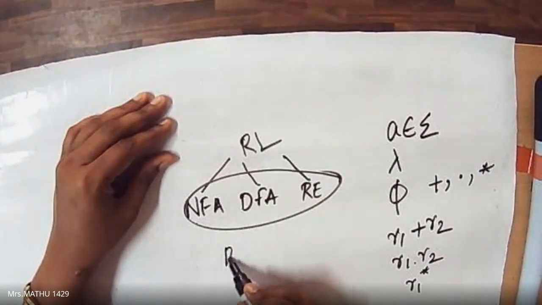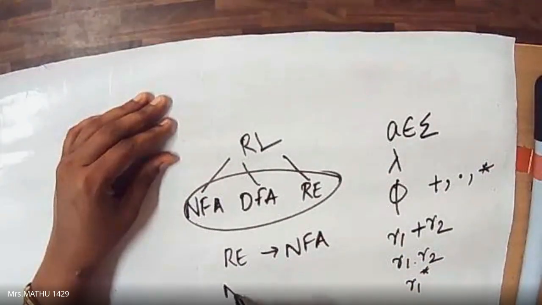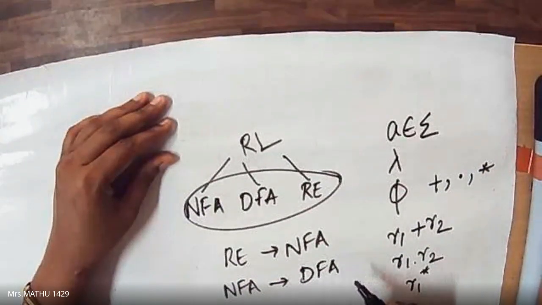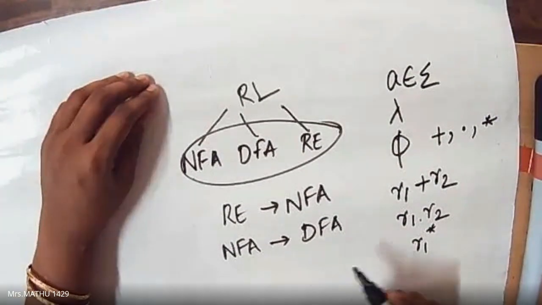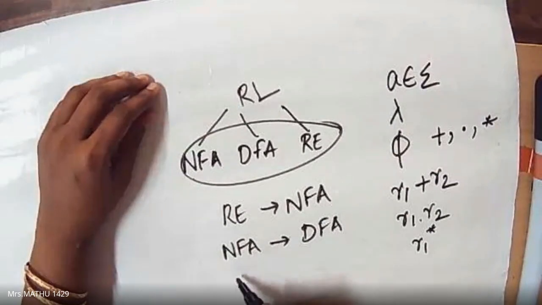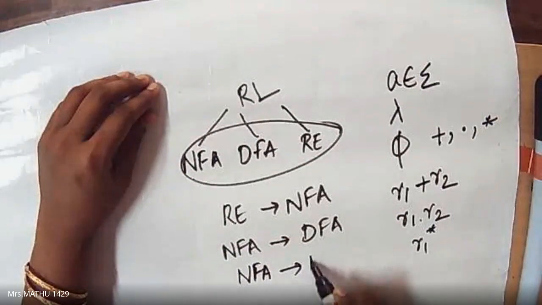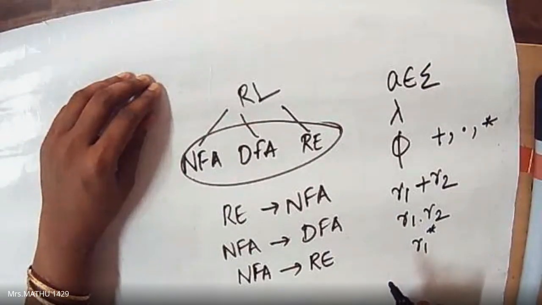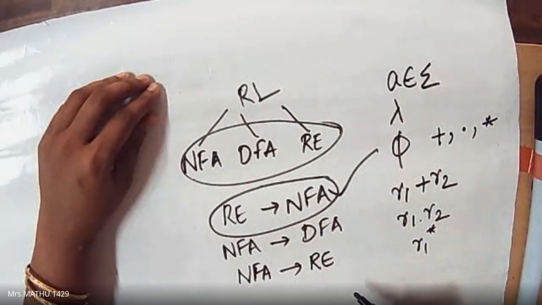We have conversion from regular expression to NFA, and we can find the equivalent DFA for a given NFA. From finite automata, either NFA or DFA, we can convert to a regular expression. These are the conversions we need to study. The first thing we are studying now is regular expression to NFA.